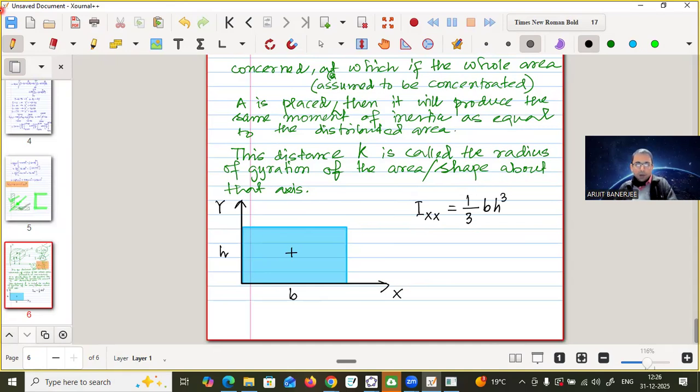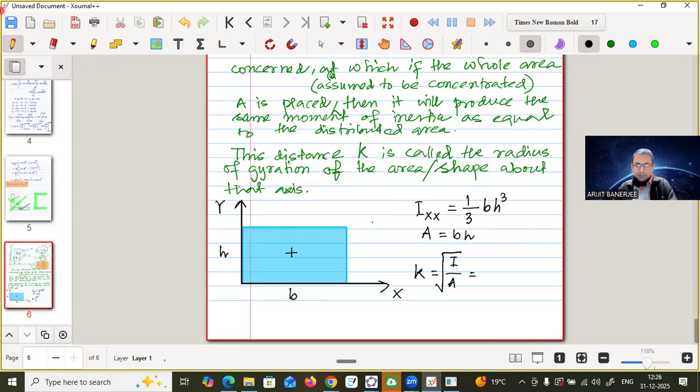Now, what is the radius of gyration? Radius of gyration is K. What is area? Area is equal to BH, isn't it? So what is the radius of gyration for this area? K is equal to square root of I by area.